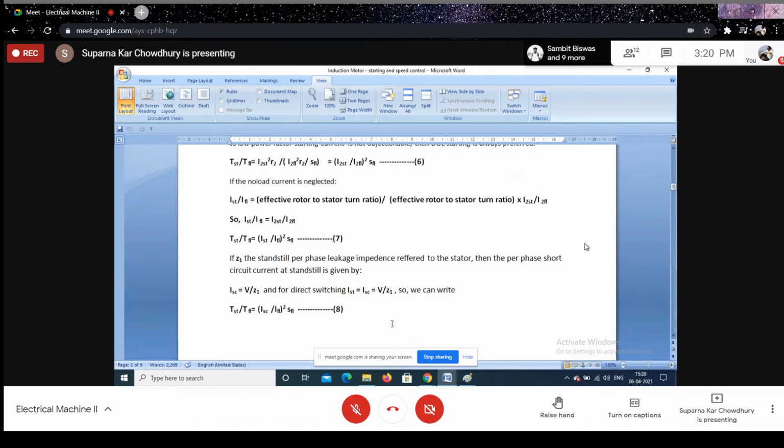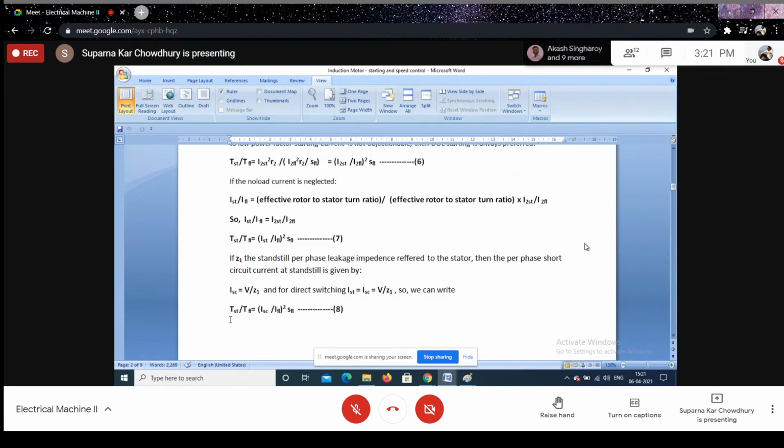For an induction motor, the short circuit impedance is the standstill impedance, that is taking S equal to 1. So for direct switching, I starting is equal to I short circuit, which is V by Z1.